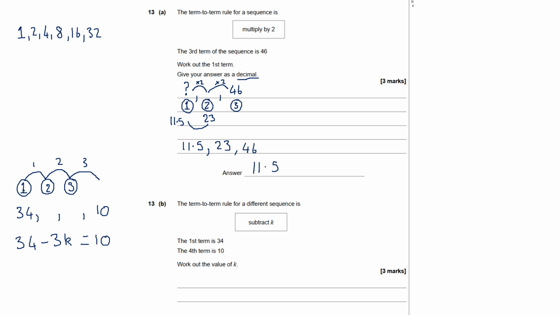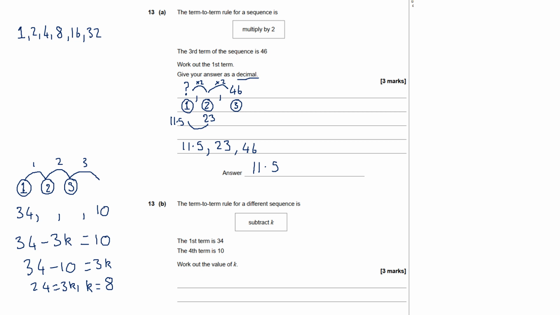So how do we figure out what k actually is? Well, we've got to rearrange this equation. So 34 minus 10 equals 3k. I reckon that means that 24 equals 3k, and that means that k is equal to 8.